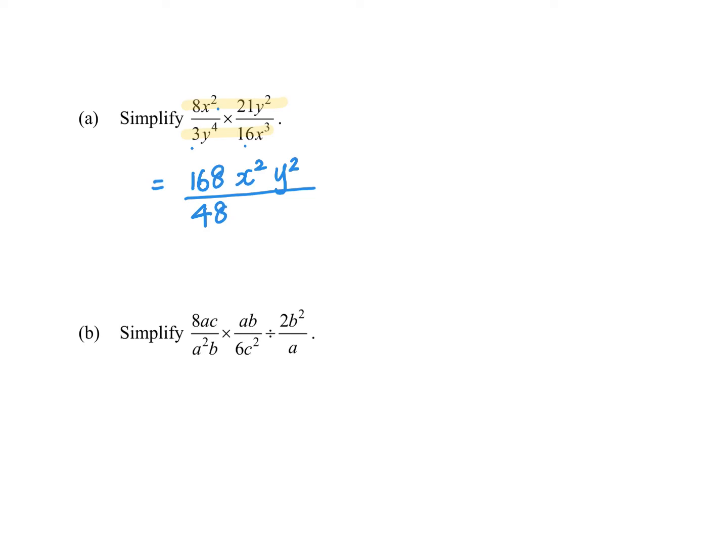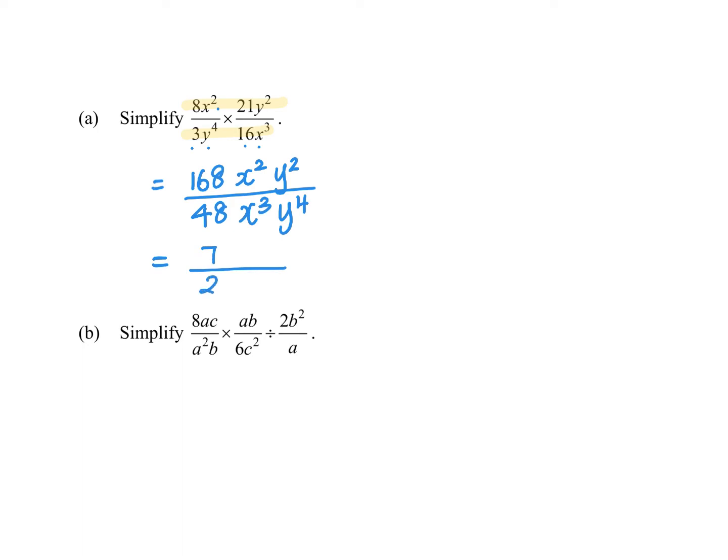That gives me 48, then x cubed and y to the power of 4. But this is not my final answer. Let's simplify using our calculators to cancel out the common factors. 168 over 48 simplifies to 7 over 2.